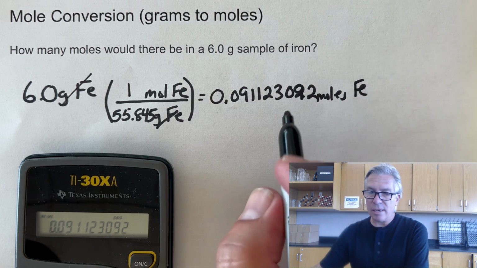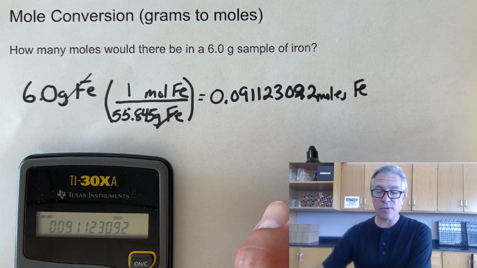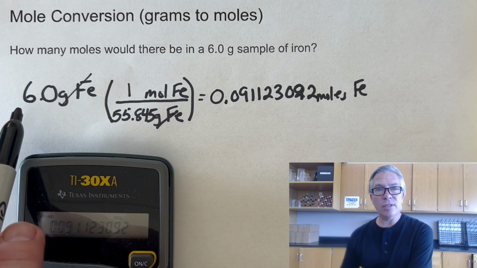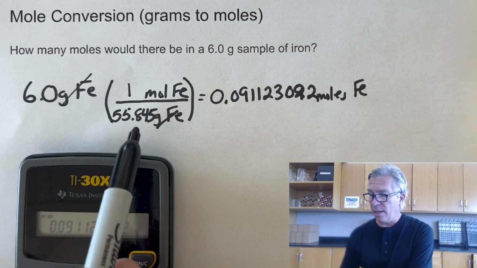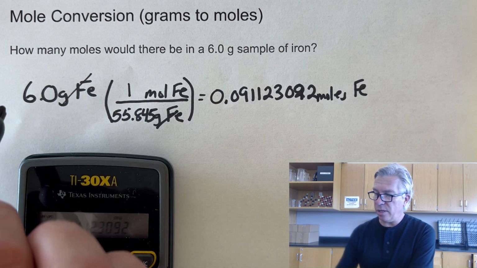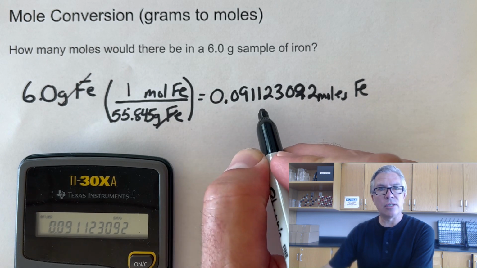Okay, but that's a lot of digits, and I've been trying to teach you about shortening your answers to the appropriate number of significant digits. So I go back over here. I only know 2 digits in my original number, and I'm dividing by 5 digits. That's the accepted value. We know those 5 digits. But 2 digits divided by 5 digits means I can really only have 2 non-zero digits in my answer.